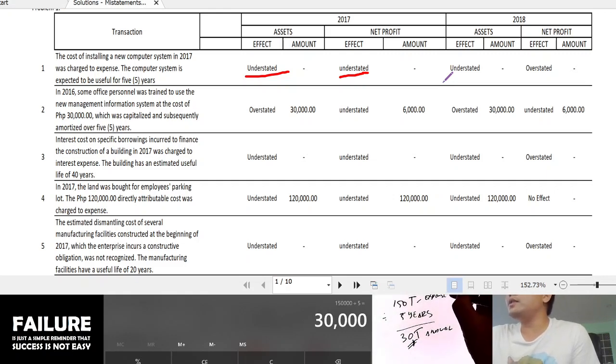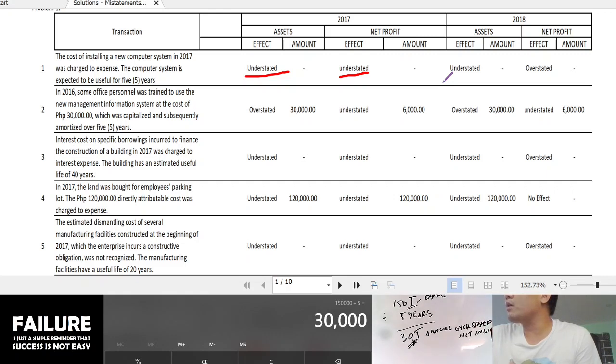This results in an understatement of your net income by 150,000. However, this 30,000 of depreciation expense was also not recognized because the cost was not capitalized, so this results in an overstatement of net income.